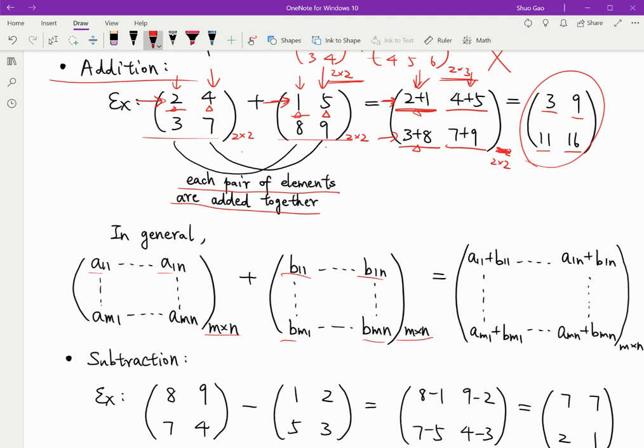And the resulting matrix is also an m by n matrix. The elements here are the pairs added together in the same location. The first element should be A11 plus B11, and the last one in the first row should be A1n plus B1n. And all the numbers are correspondingly changed.